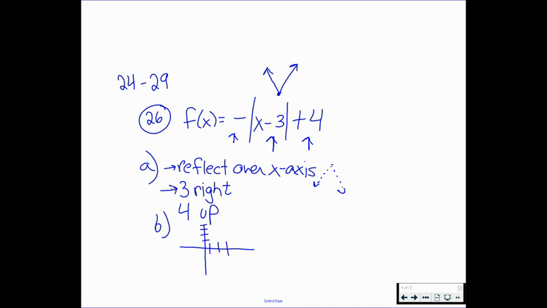So from 0, 0, remember that's the point you start at. Move right 3 and up 4. And flip it on down, so that way it's reflected over the x-axis. You can see from that graph that I did reflect over the x-axis to make it go down, moved right 3, and then moved it up 4 units.